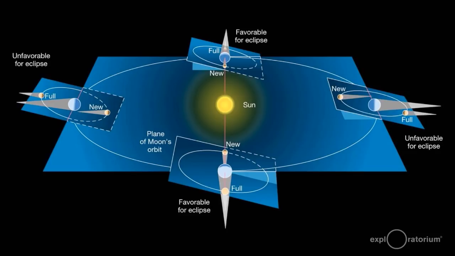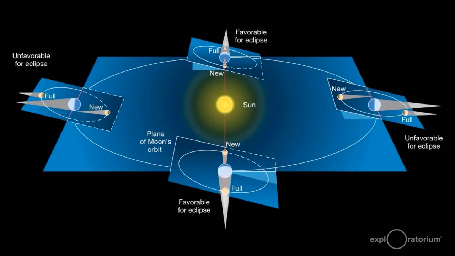And those are not good seasons for eclipses. The only good seasons are every 6 months, when the plane of the moon's orbit is tilted such that the new moon or the full moon can either cast a shadow on the Earth or have the Earth's shadow cast on the moon. And so you can see that we have eclipse seasons separated by 6 months here.